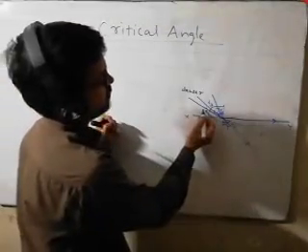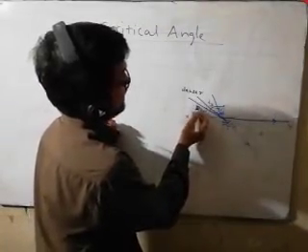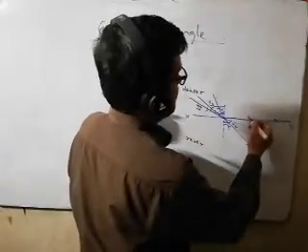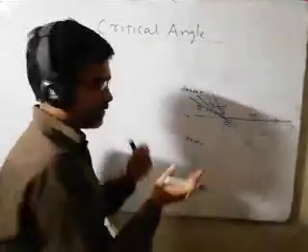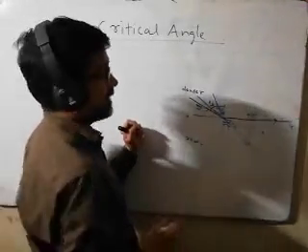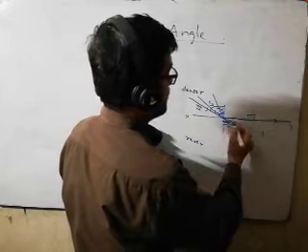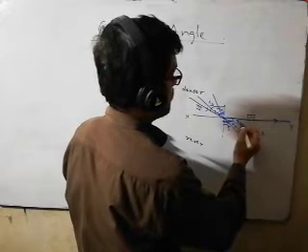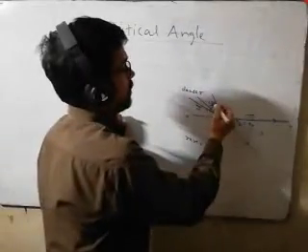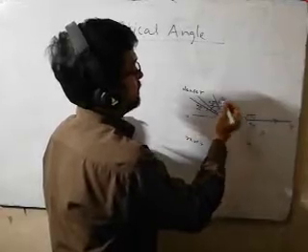So corresponding to this third incident light ray, the refracted third light ray is along the surface. Here the angle of refraction is 90 degrees. Then this angle of incidence is called critical angle.